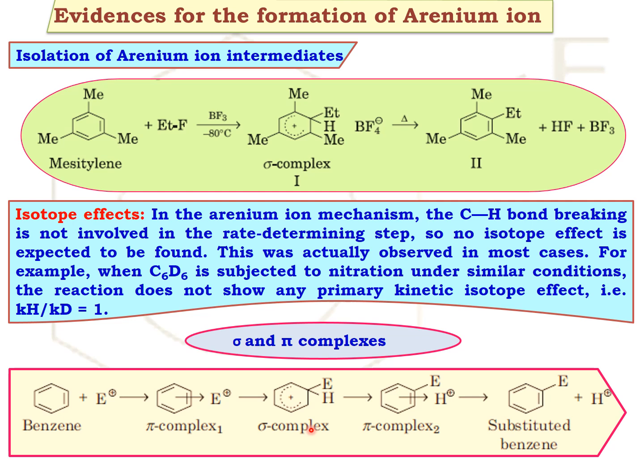After that, this H+ is getting ready to leave the aromatic system to provide a substituted benzene. So generally, one sigma complex and two pi complexes are involved in the formation of a substituted benzene through aromatic electrophilic substitution reaction.